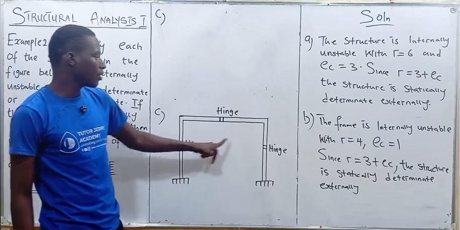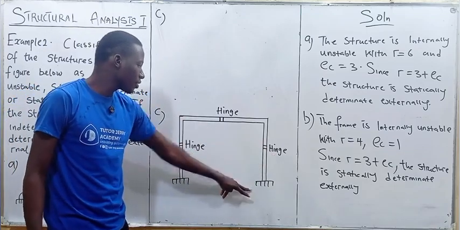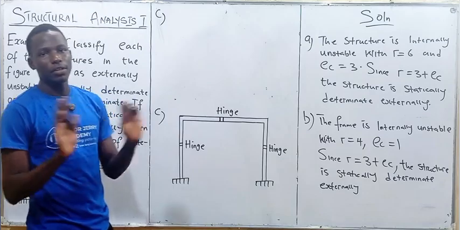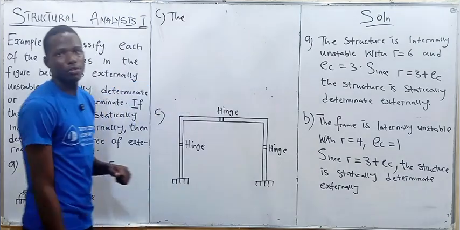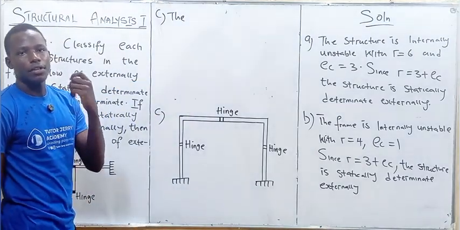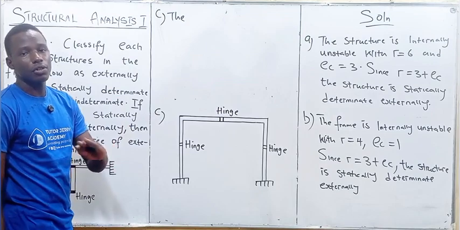We have a hinge here. We have a hinge here. We have a hinge here. So R is equal to 6, and EC is equal to 3. So what do we call the structure? Is it stable or not? The structure is unstable.